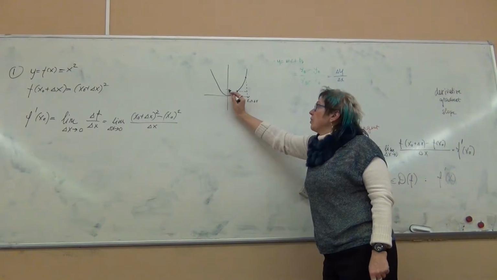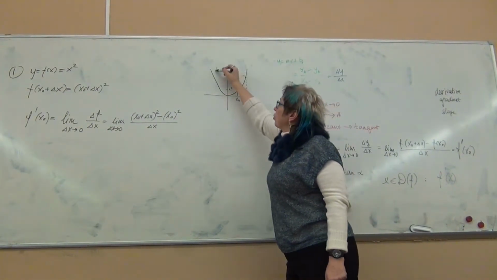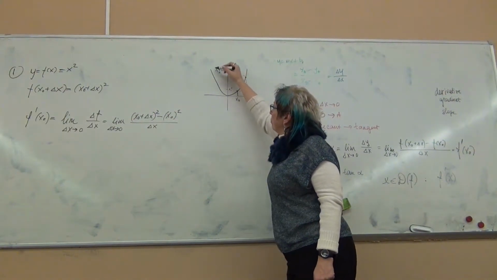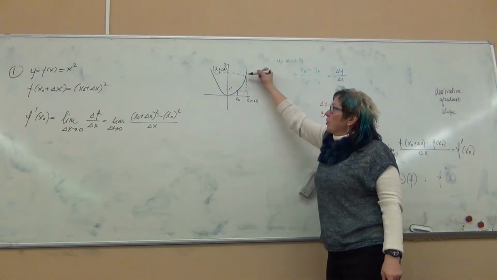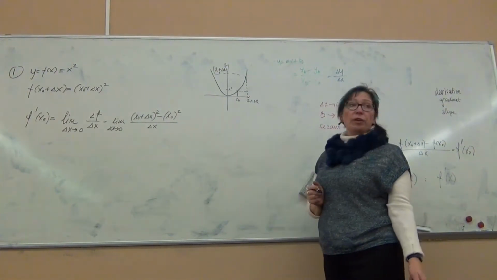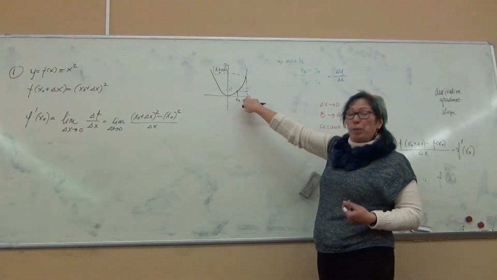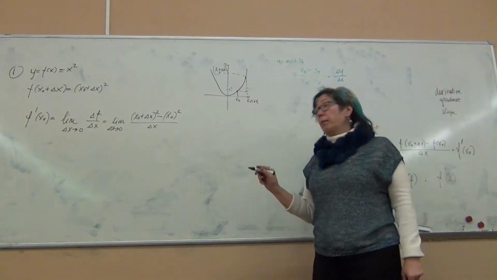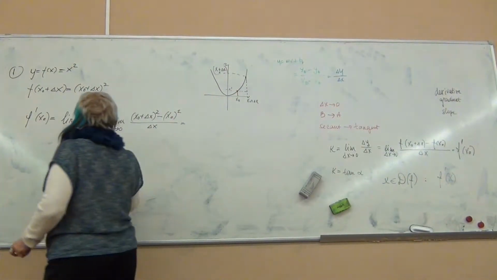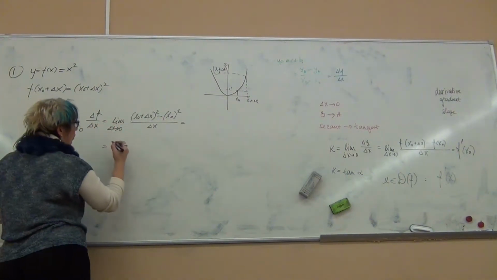So this is x0 squared, and this is actually x0 plus delta x squared, right? This value squared. So this is what we are doing there. And now we say, okay, let delta x become very, very small. Let's see what happens to this limit. Let's see how we can use the limits to see what's going on here.